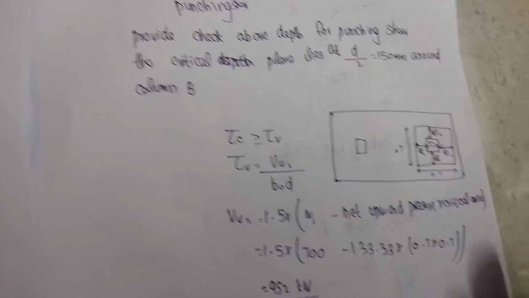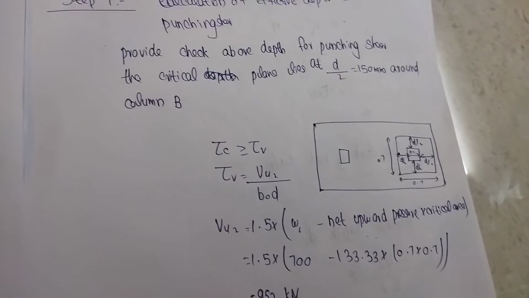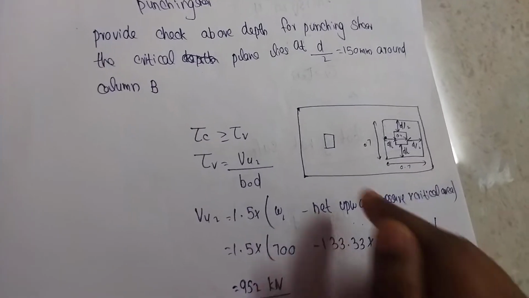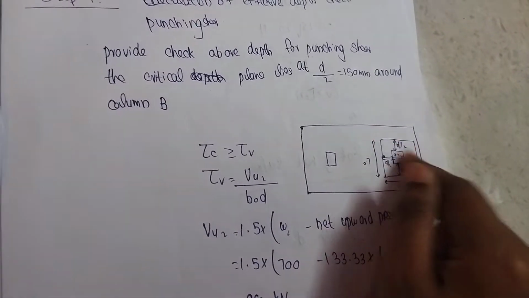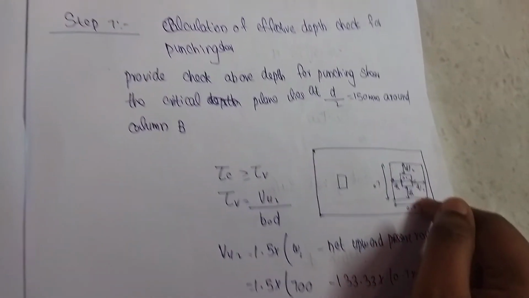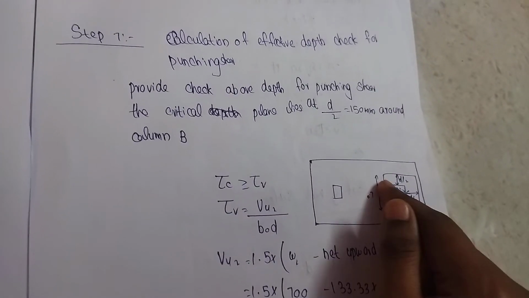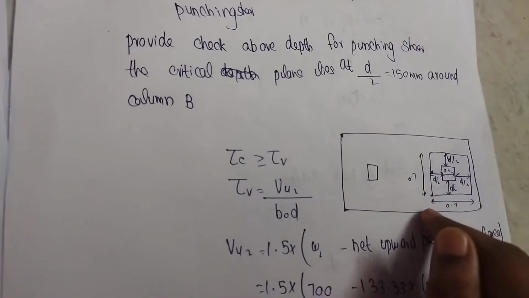We are going to take the critical plane. The critical plane is around the column at a distance d by 2. We know d is 300 mm, so d by 2 is 150 mm.